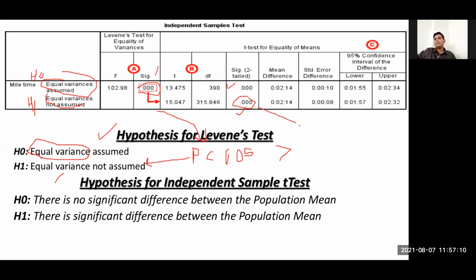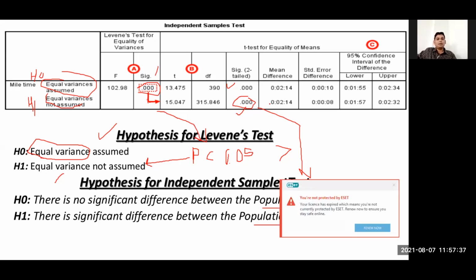So for the independent sample t-test, this is the hypothesis: there is no significant difference between the population means. Basically, the independent sample t-test identifies the difference between the population means in your research. And in the alternative hypothesis, there is a significant difference between the population means.